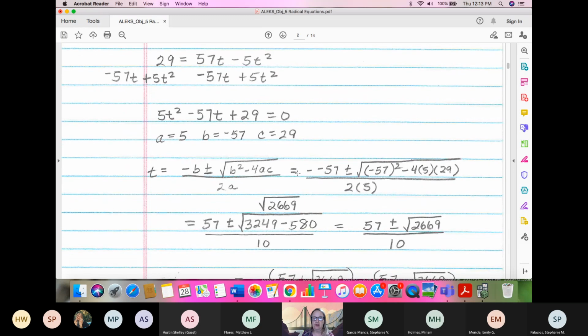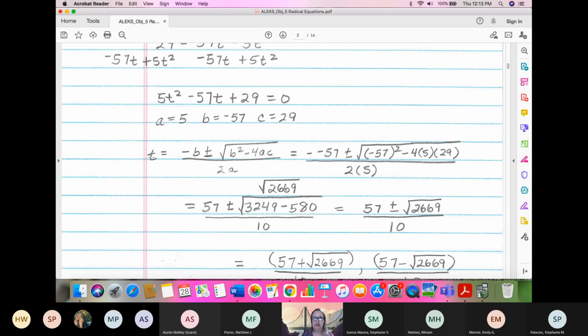So we just plug in the numbers. We're solving for t here and not x, so I wrote t here equals negative b plus or minus the square root of this over 2a. So that's equal to negative, copy that down, b is negative 57 plus or minus square root.